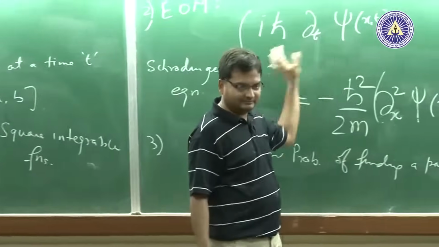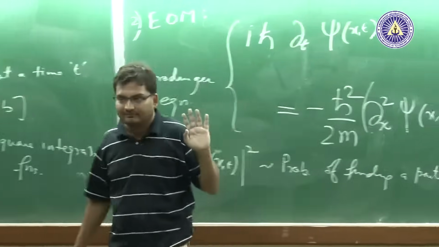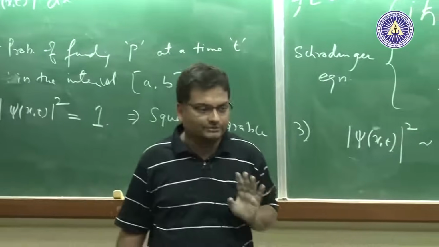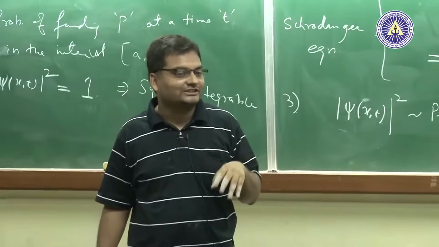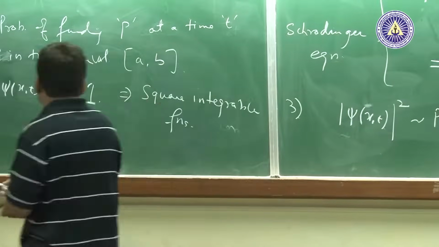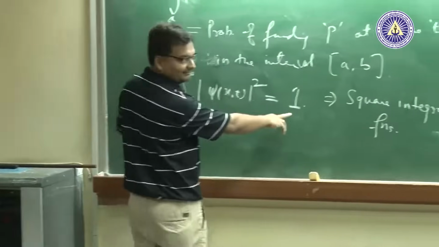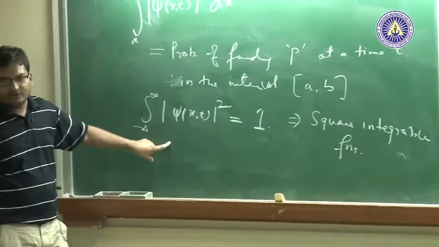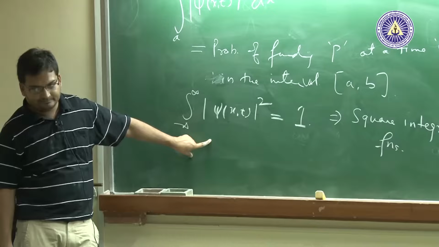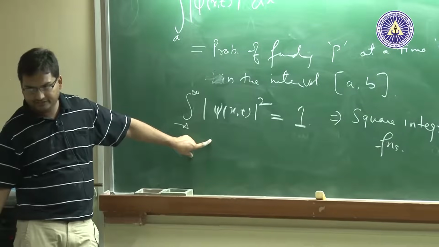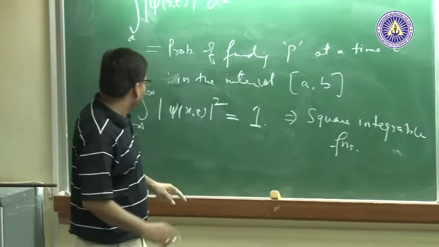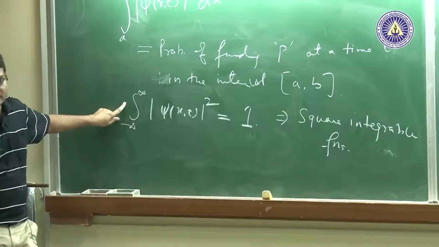Constants will just cancel out everywhere. So, because my state equation is homogeneous, I have this flexibility to normalize my wave function by any constant, and the constant has to always be chosen such that the normalization is 1. Only then can I have a probabilistic interpretation of the wave function. Agreed? This is 1.